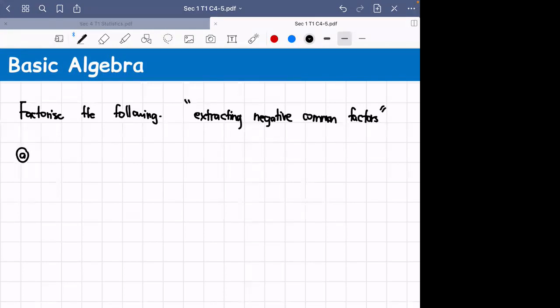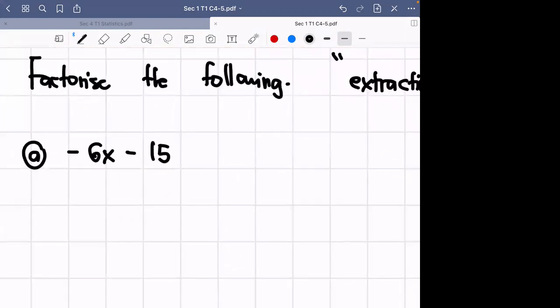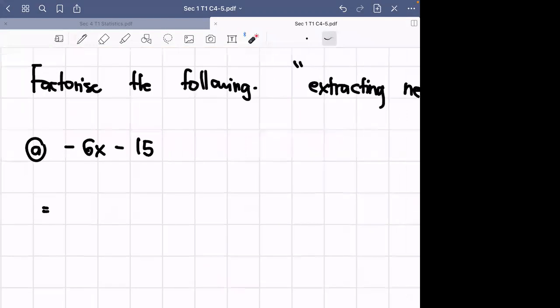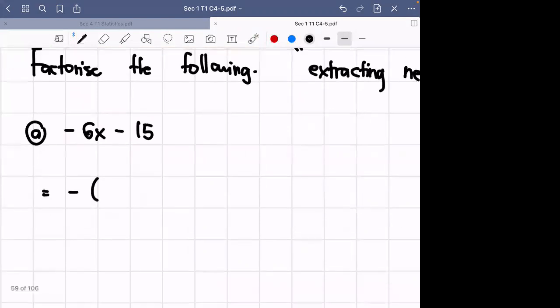For letter A, we have negative 6x minus 15. If you extract a negative factor, basically you write a negative sign outside a bracket. You remember this, class, in our expansion questions before?